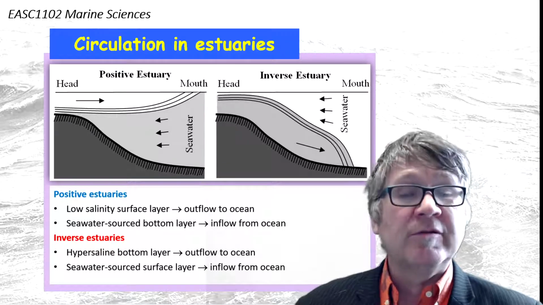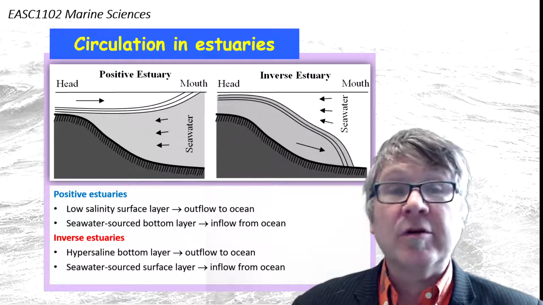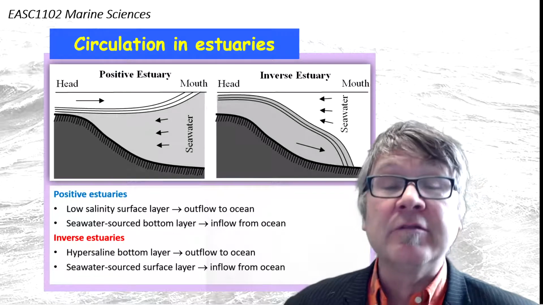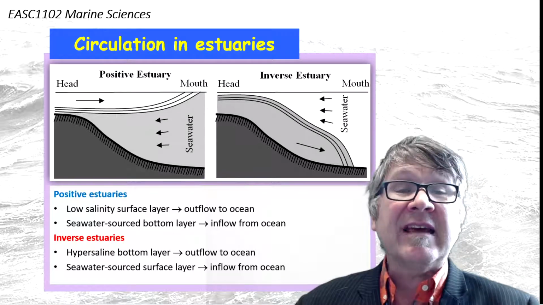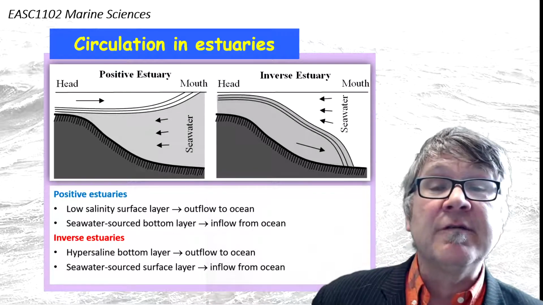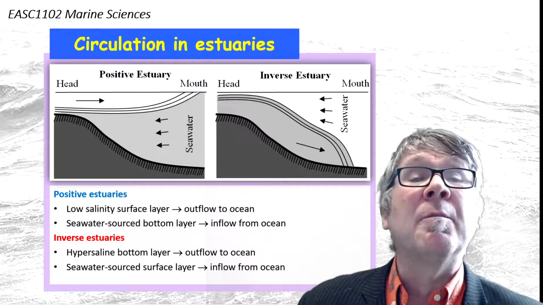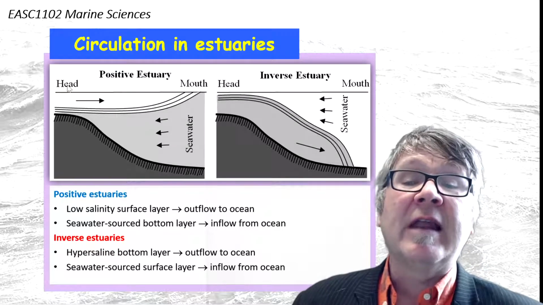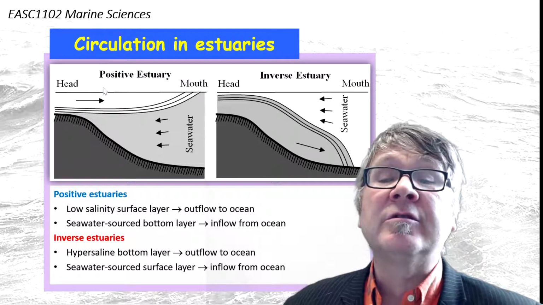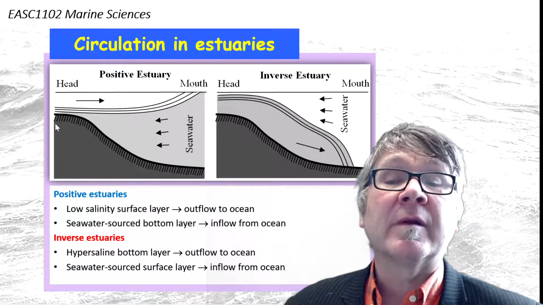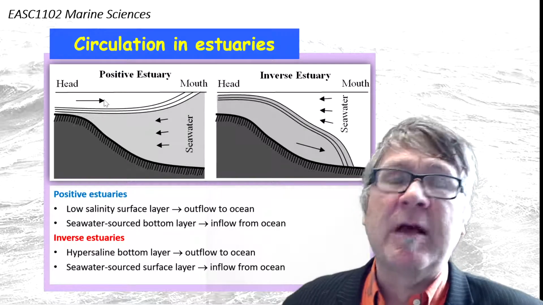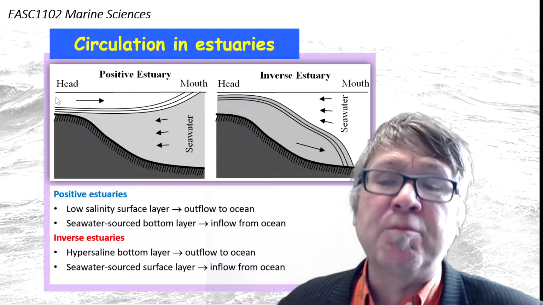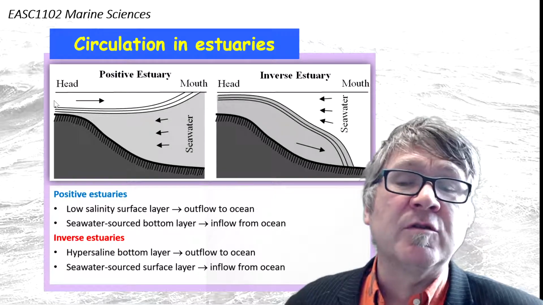Okay, so there are two different types of estuaries, and the circulations are different. And here are sketches that cut along the estuary, and you see a vertical transect. Okay, and in a positive estuary, we have an outflow of low salinity water in the upper layer. It's essentially a pressure gradient that pushes the fresh water towards the ocean.